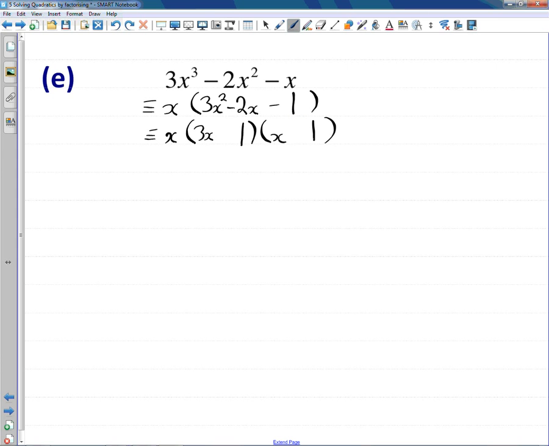But now we turn our attention to here. Because that is a negative, my signs here need to be different. The question is, where do I position the negative?